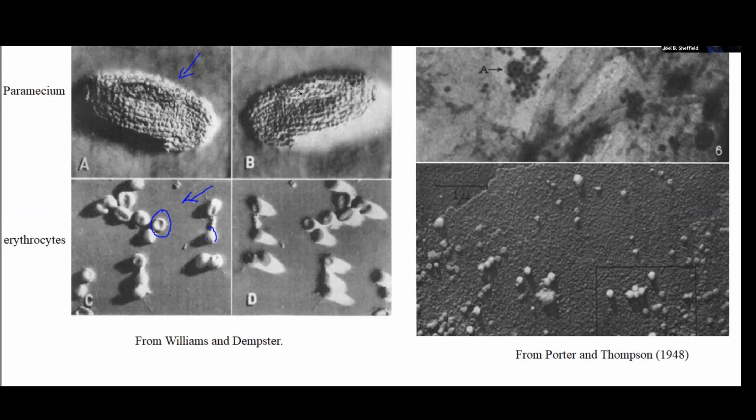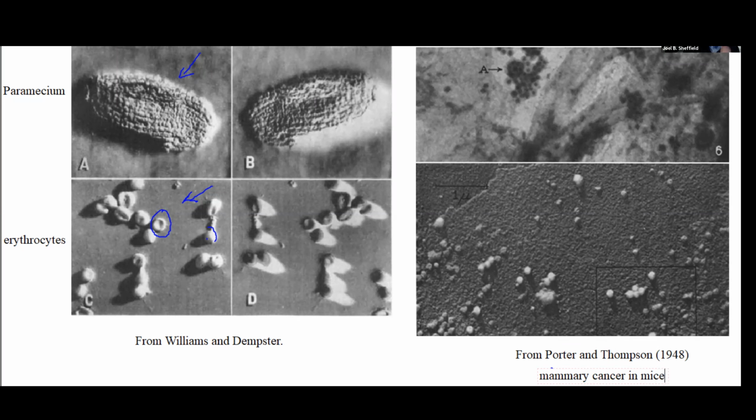Okay, so in this set of pictures, these are pictures of actually cells from a mammary cancer in mice.